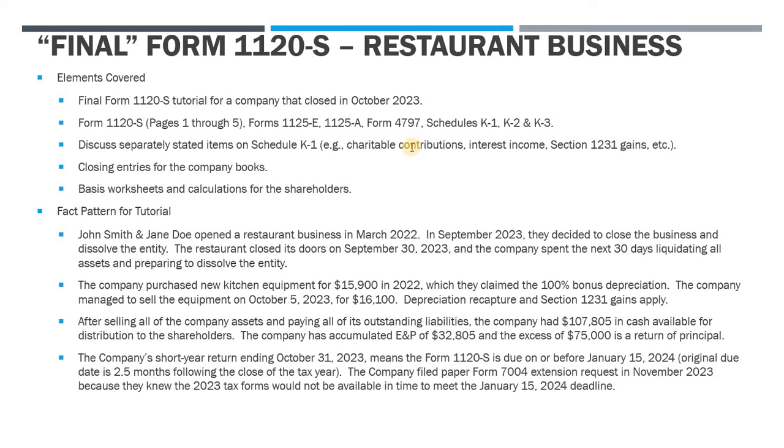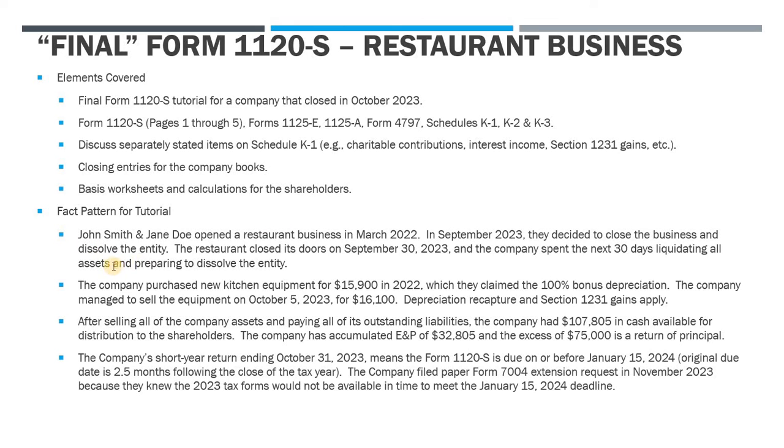We have a 4797 because we sold some business assets during the year, right, as part of our liquidation. And we've also got the Schedule K1s for the shareholders, and that includes the K2 and K3. Now, we do have some separately stated items, so we'll talk about these later as well. And then how do we close out the books and look at our basis worksheets and reconciliations for the shareholders.